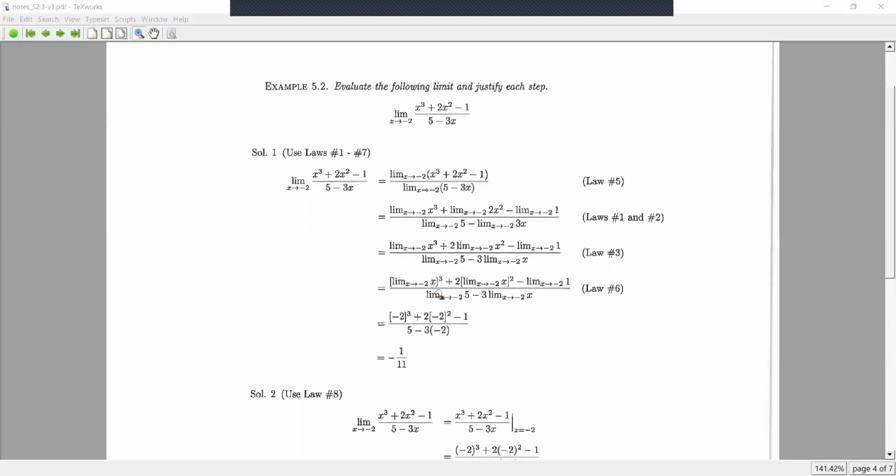So the limit is 1. Limit as x approaches -2, what number will the constant 5 approach? 5, the limit is 5. And the last limit is -2. So by calculator, this number is -1/11. So as x approaches -2, this function will approach -1/11.